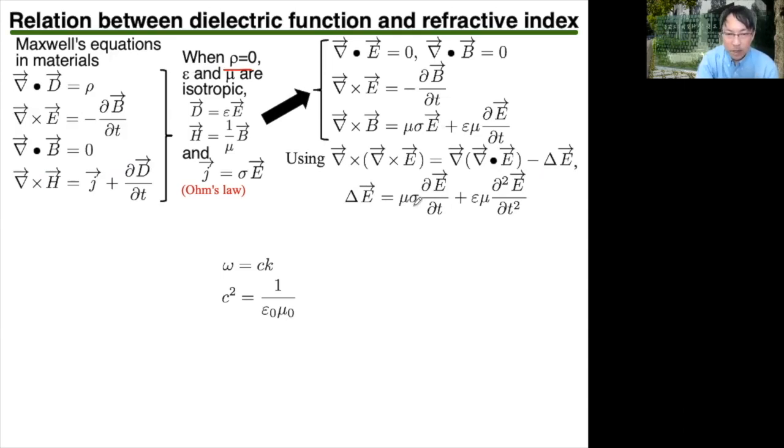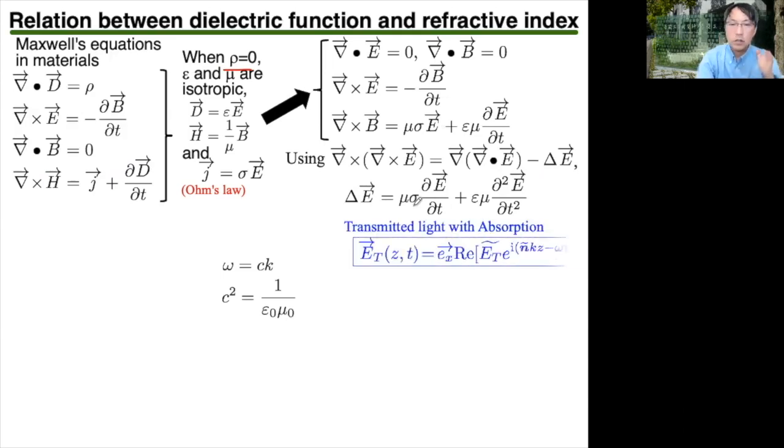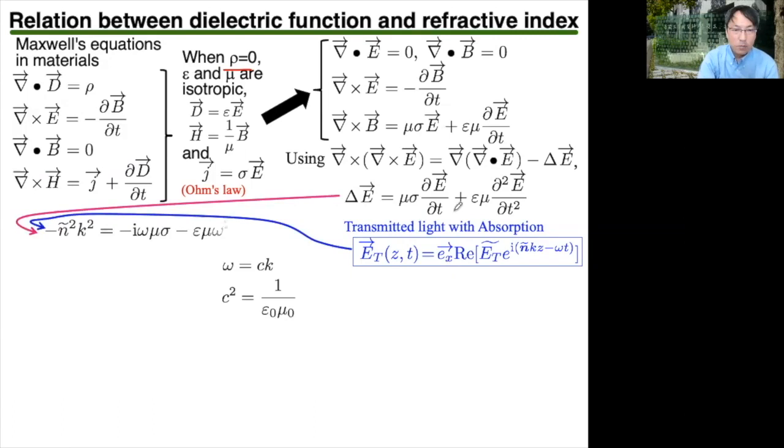This is for the material, so the transmitted light introduced before must satisfy this equation. By putting this electric field into the above equation, we can obtain this relation. After the calculation, we obtain the relation for n tilde squared in this form.